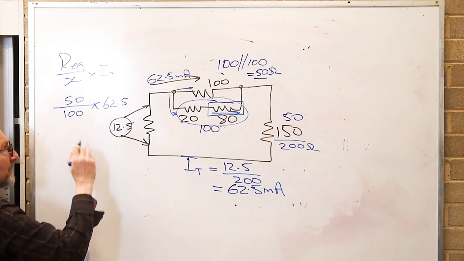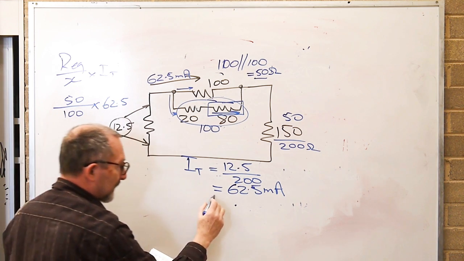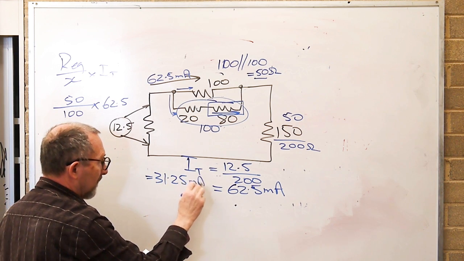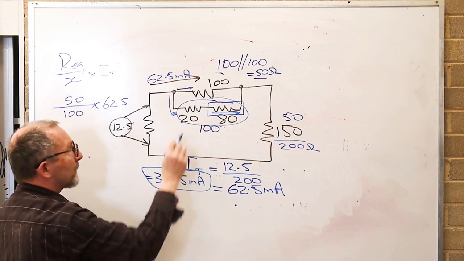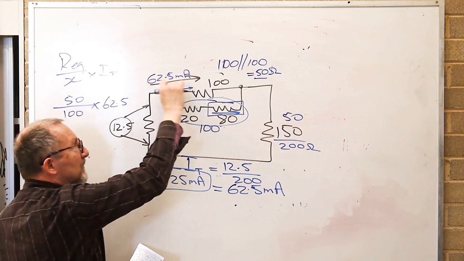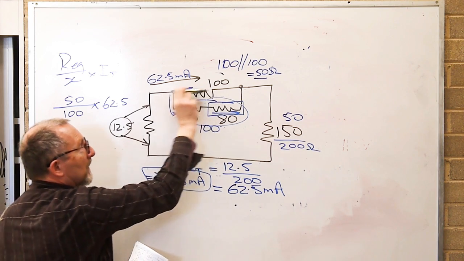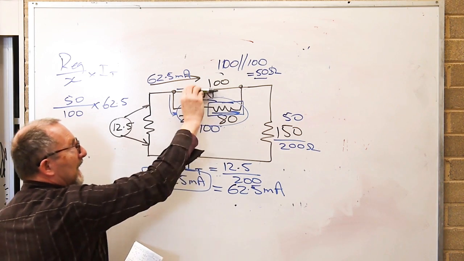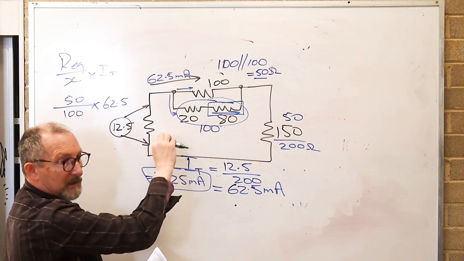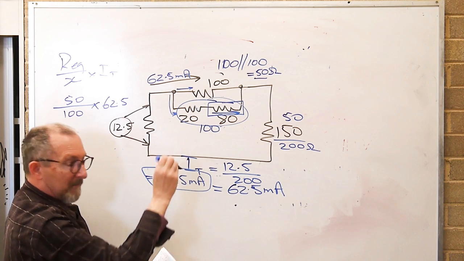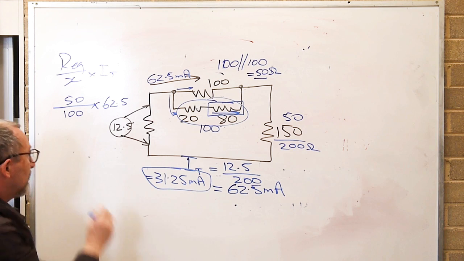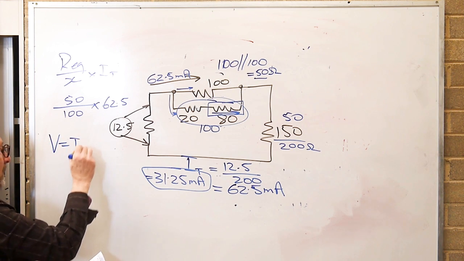That's going to be a half of 62.5 to give us 31.25 milliamps of current travelling through this part of this network because the current splits and some goes that way, some goes that way. 100 ohms, 100 ohms, the split's simple, half goes through each part of the network because they're the same resistance. The voltage across R5, V equals IR.